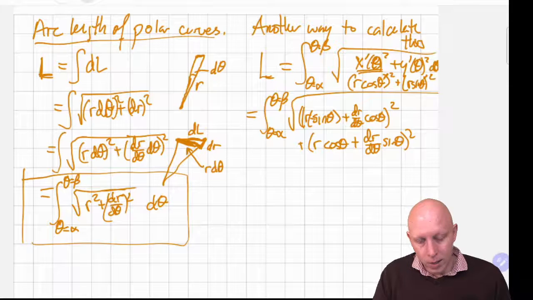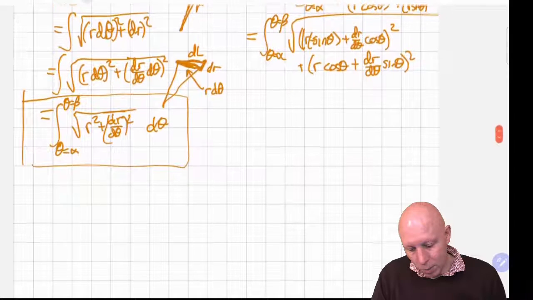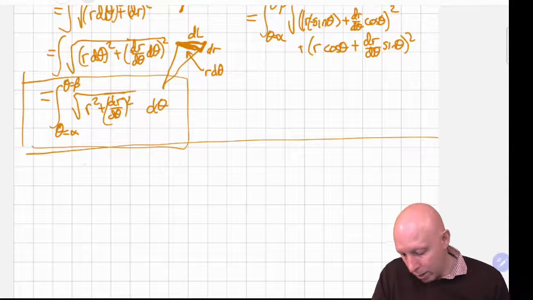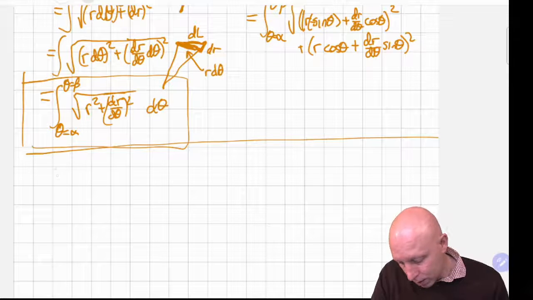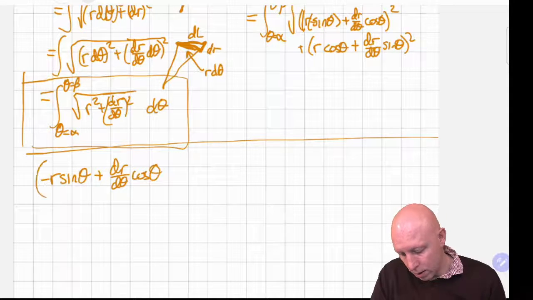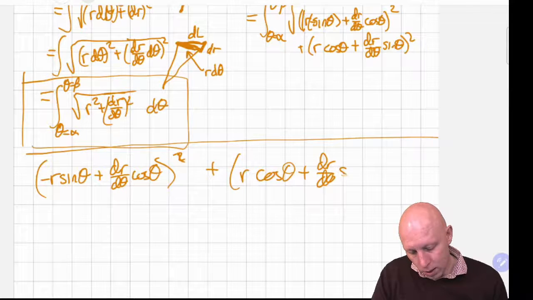All right, this doesn't look too beautiful. Let me give us a little more space. What do we have here? Negative r sine theta plus dr d theta cosine theta, squared, plus r cosine theta plus dr d theta sine theta, squared.